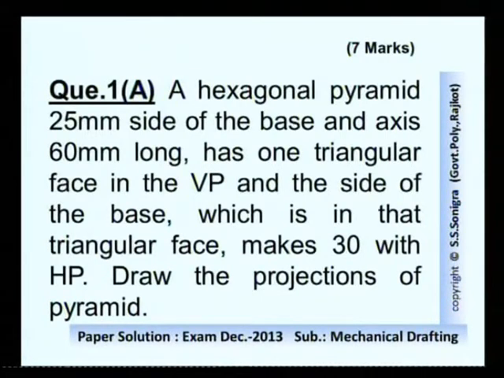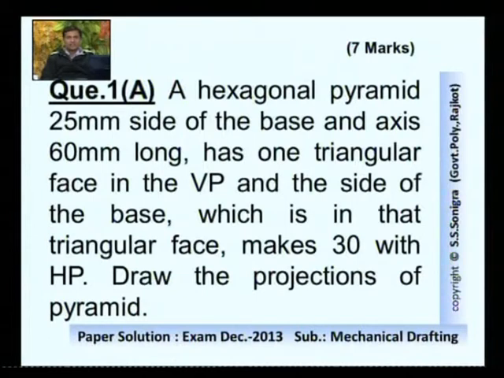So whenever it is given that its face is in the vertical plane, we have to draw its hexagonal shape in the front view. We assume it is lying on VP on its hexagonal base.